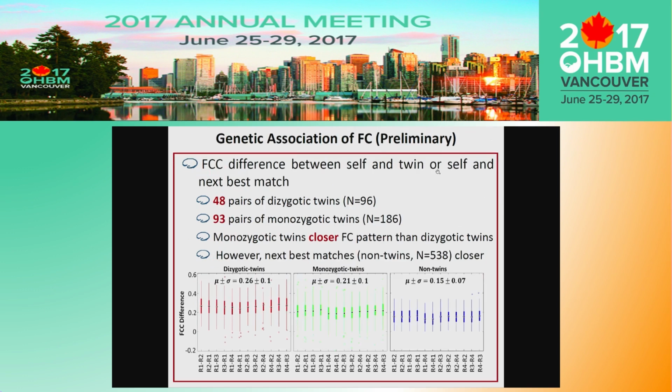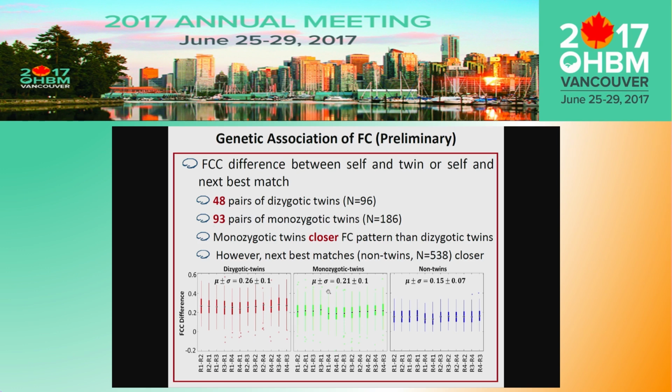So here is a preliminary result on the question of, are there genetic associations of FC? What we did here is we looked at the FC correlation difference between self and his or her twin pair, or self and his or her next best match for the non-twin subjects. There were 48 pairs of dizygotic twins and 93 pairs of monozygotic twins.